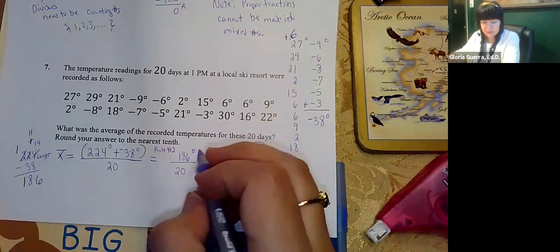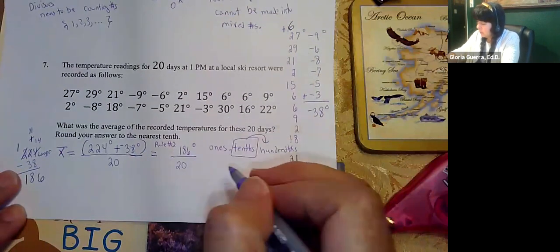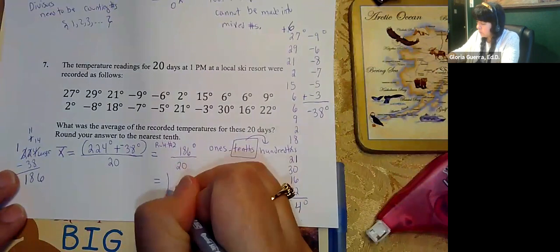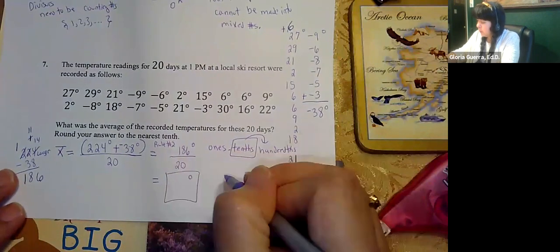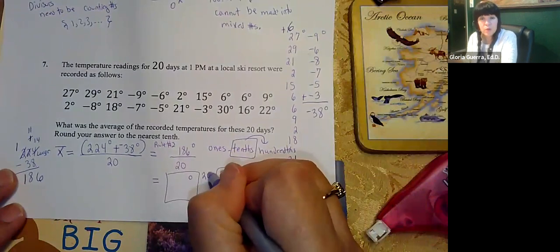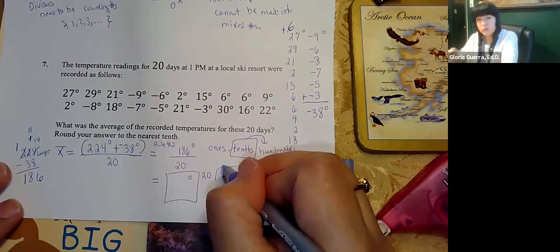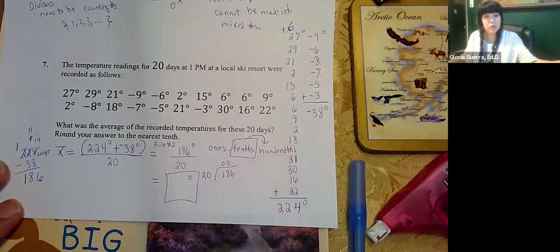And now you're going to do 186 divided by 20. So let me see. It's degrees. Let's see. 186 divided by 20. Okay. So 20 doesn't go into 1, it doesn't go into 18, but into 186. Let's say I'm going to use my multiplication chart.